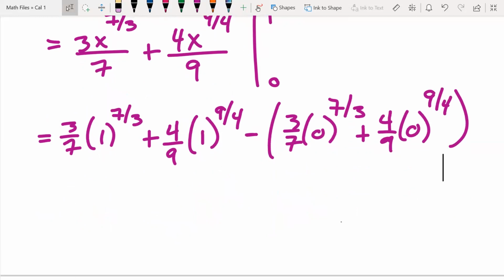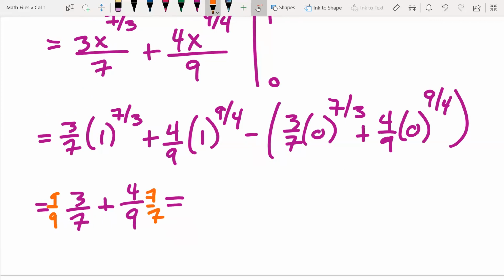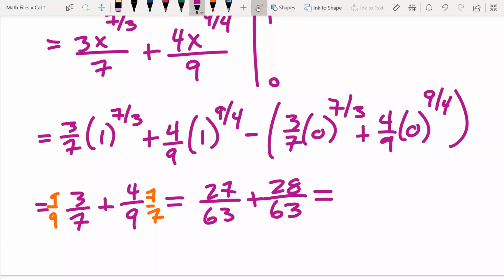So the whole right side is 0. So we are just left with 3/7 plus 4/9, and you get yourself a common denominator between 7 and 9. So just multiply by 9 over 9 and 7 over 7. We get 27 over 63 plus 28 over 63, and 55 over 63.